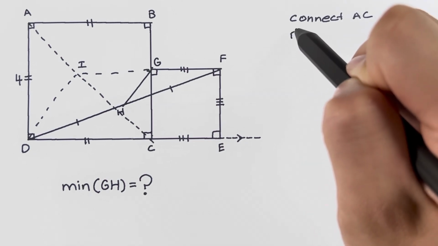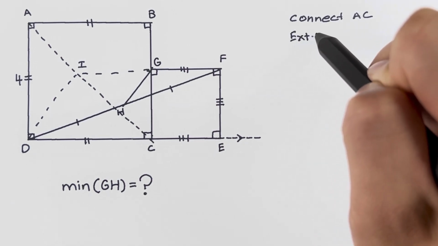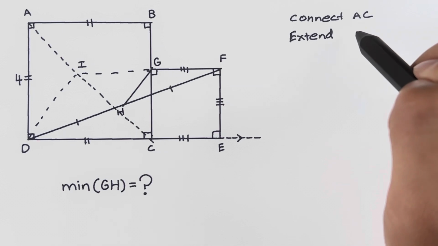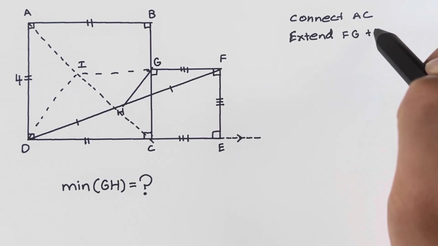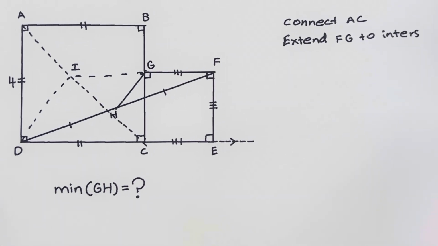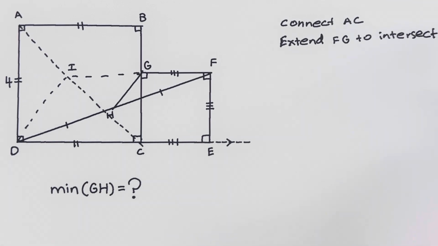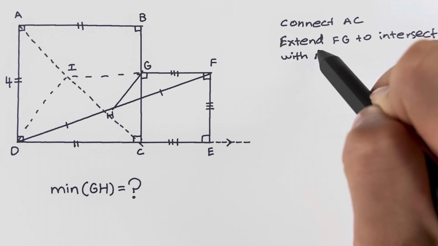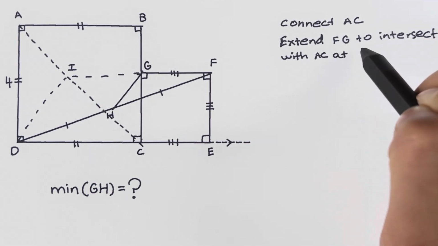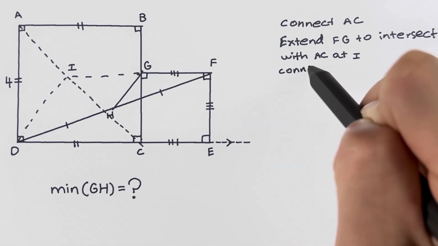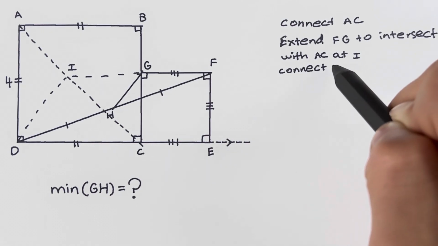So, first, extend FG to intersect with AC at I. Then connect DI.